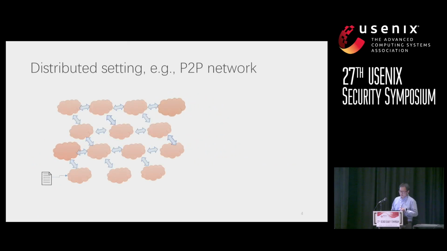This challenge is aggravated when we turn to a peer-to-peer network setting. We need to find out that only these hosts have been involved in the attack, not the remaining ones.